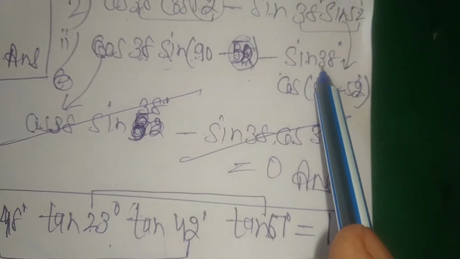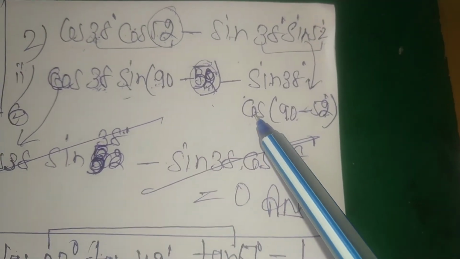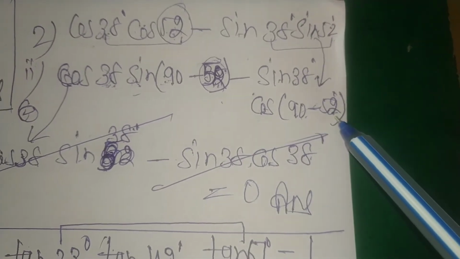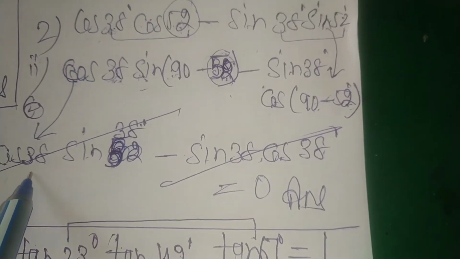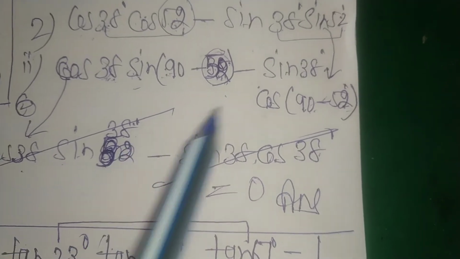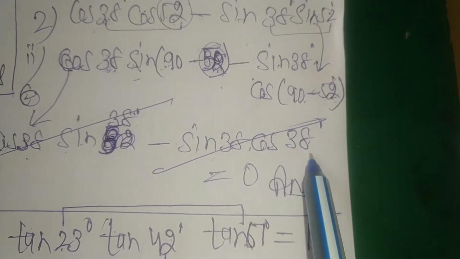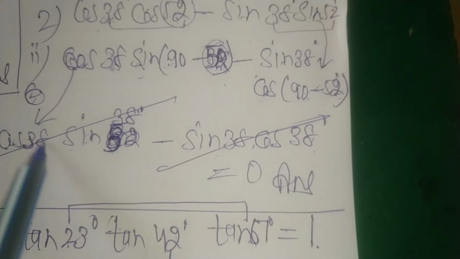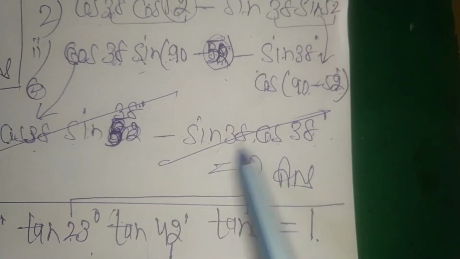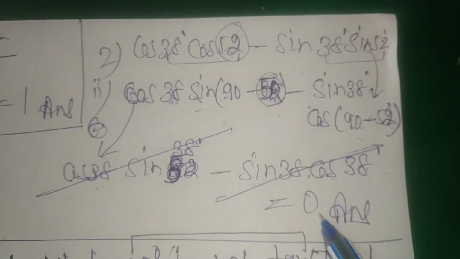Now sin 38 as it is, and sin 52 I will write as cos(90 − 52), which is cos 38. So this is sin 38 cos 38, and this is again sin 38 cos 38.